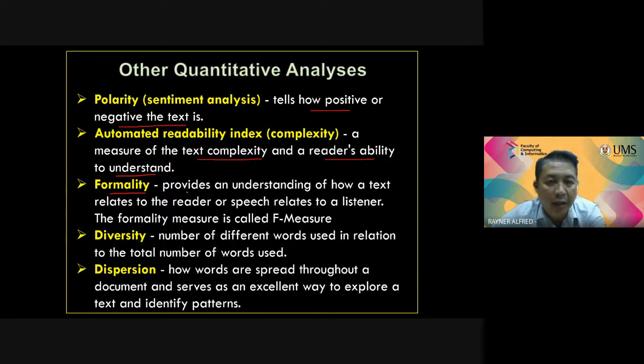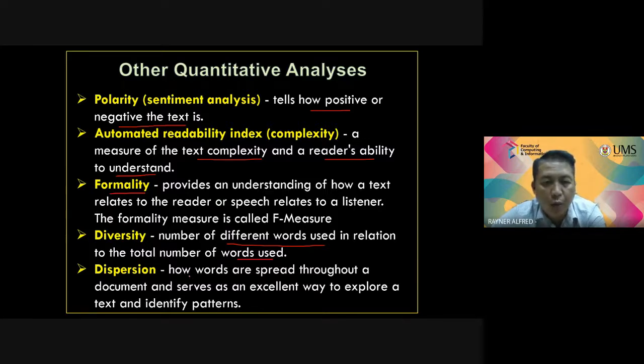Formality provides an understanding of how a text relates to the reader, or a speech relates to a listener. So this can be measured also. Diversity is the number of different words used in relation to the total number of words used. So this one refers to how many different words you use.